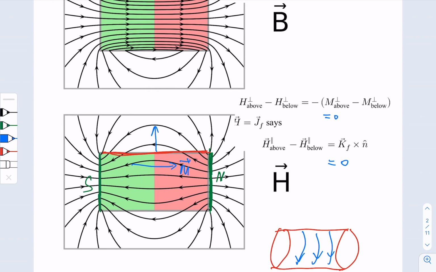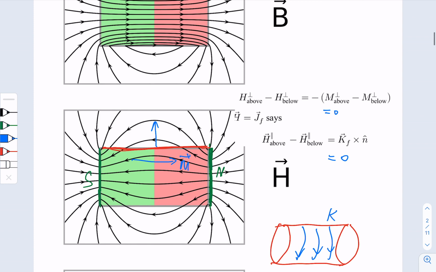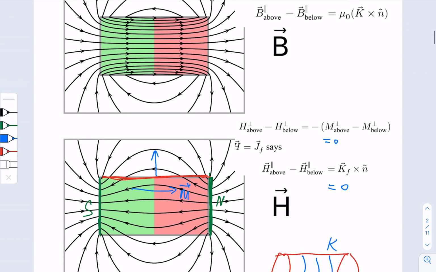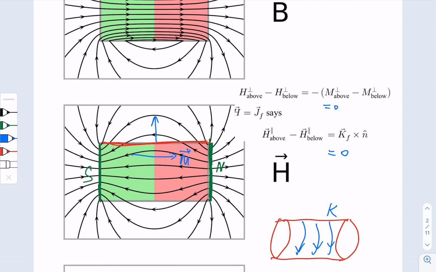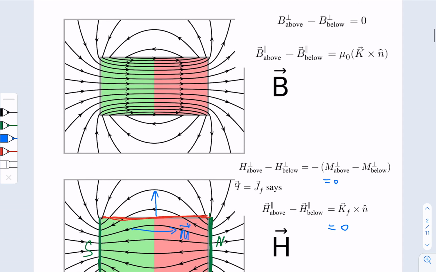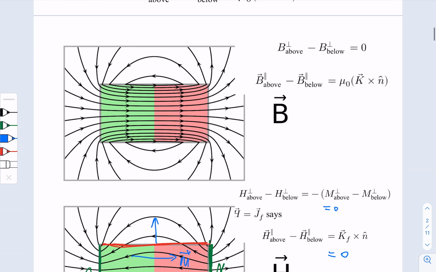This surface current contributes to K, and then this K cross N. The N is pointing out of the cylinder. So the K cross N will be something that's finite near this edge. You would imagine that this term is non-zero.